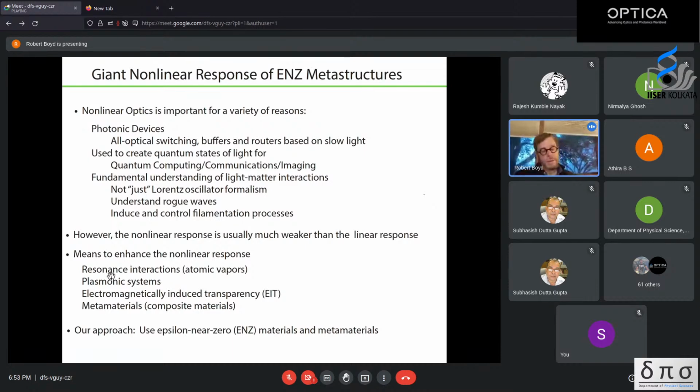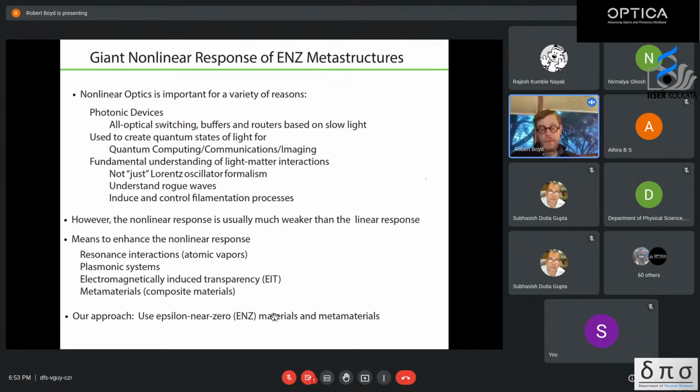They've looked at resonance interactions, plasmonic systems, electromagnetically induced transparency, and metamaterials. Now, in my work, we were using epsilon near zero materials, either homogeneous materials or metamaterials. We studied both of them.